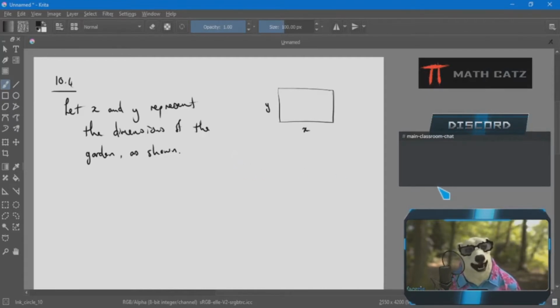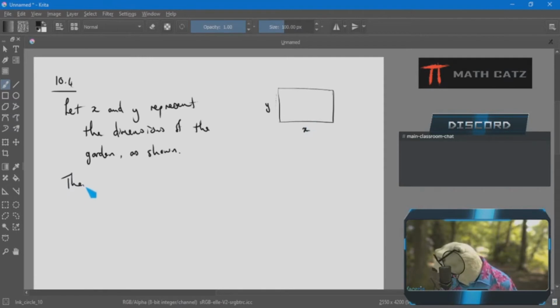If I look at my question, I have 100-foot long fencing to use. So that means the fence is going to go all the way around. It's going to be the perimeter of the garden.